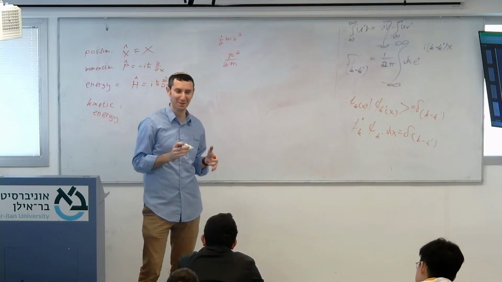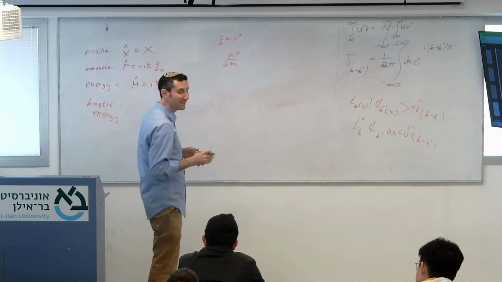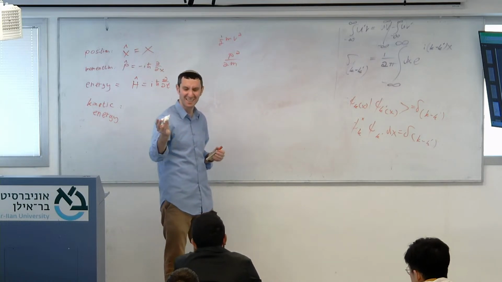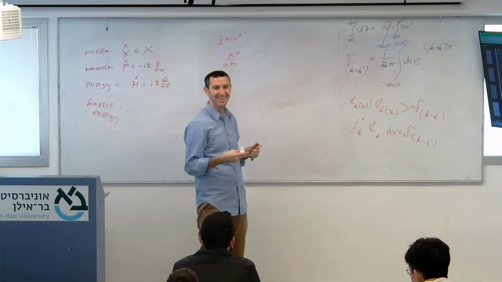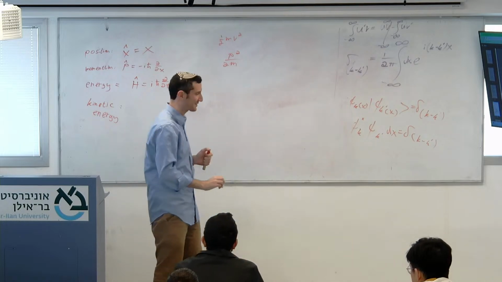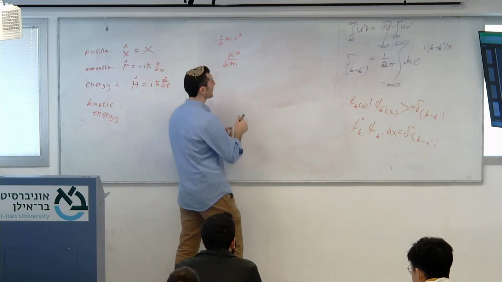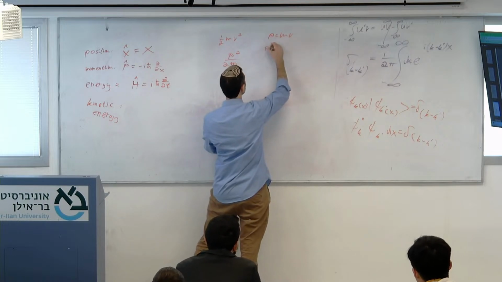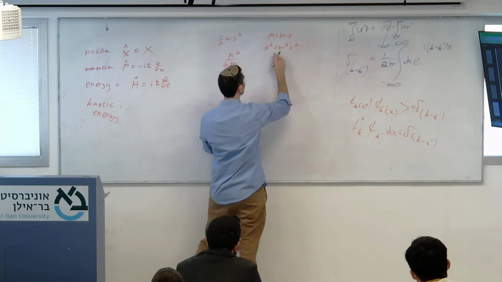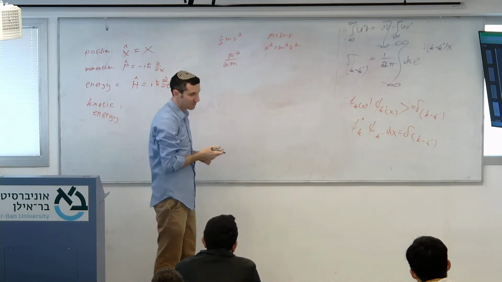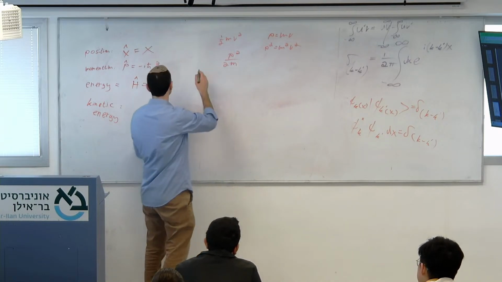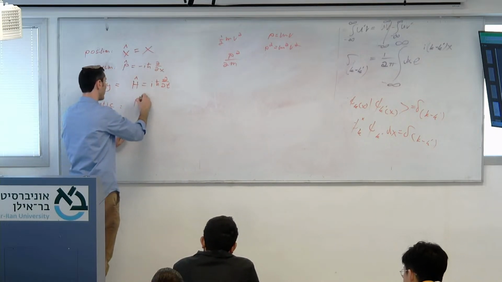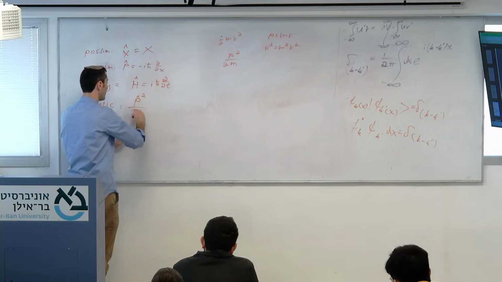I don't like analytical mechanics. Okay, so yes, it has to do with Hamilton formulation of Lagrangian and all that. But if you know that p is equal to mv, so p squared is m squared v squared, and you get from here to here.